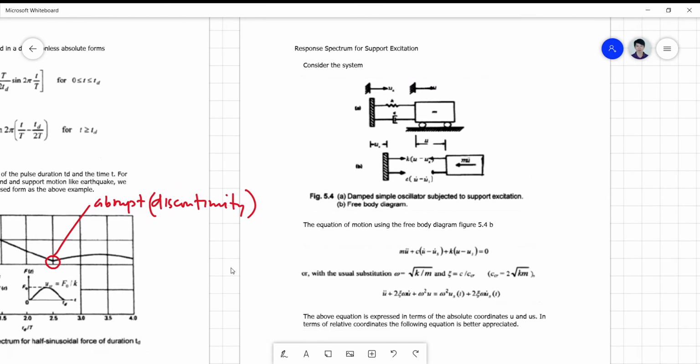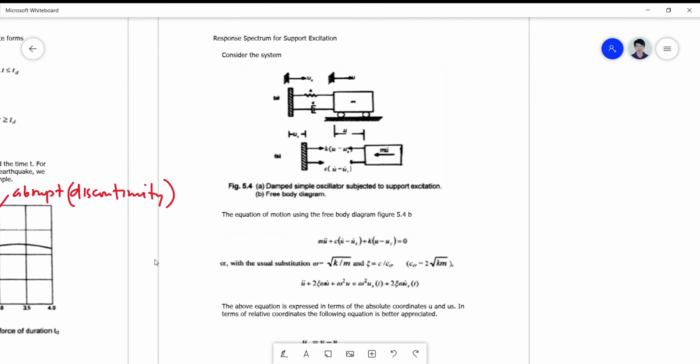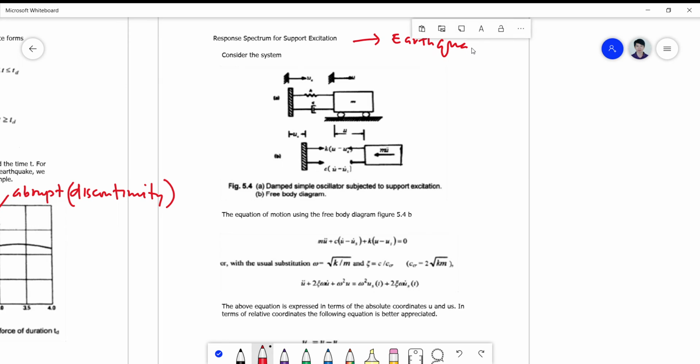So for support excitation, wherein this is represented very well by earthquake motion, but not only earthquake, of course, the free body diagram can be expressed as I have discussed on the response to support motion.